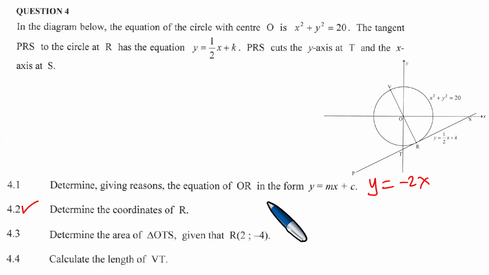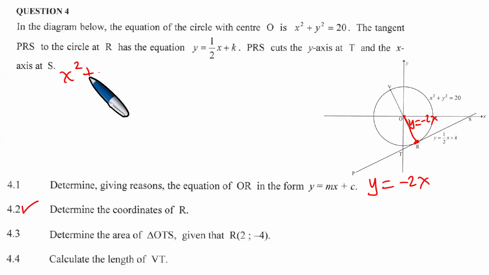Right, so R is a point of intersection. OR has the equation y equals minus 2x, but this one is a circle, and it has an equation that intersects OR at the point of contact where this circle meets the radius. So you have two equations, and you need to solve them simultaneously.